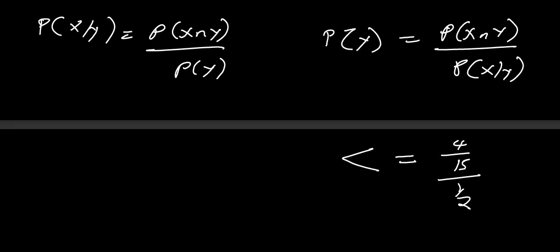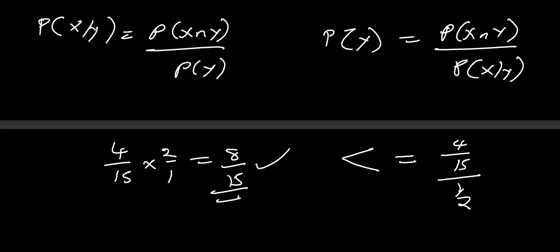So this is just 4 over 15 times 2 over 1. We do the multiplication to get 8 over 15. This is what we're going to get. Hope this is okay here, guys.